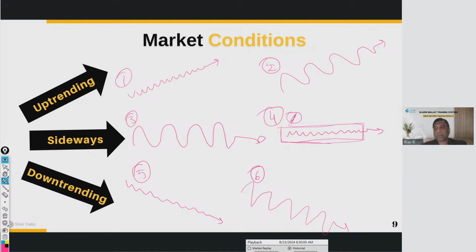The reason we recommend that is because after remaining flat for an extended period of time, a market can break out. It has to break out. And when it breaks out, we have understood that most of the time it fails. 90 to 95% of the time, a breakout fails.